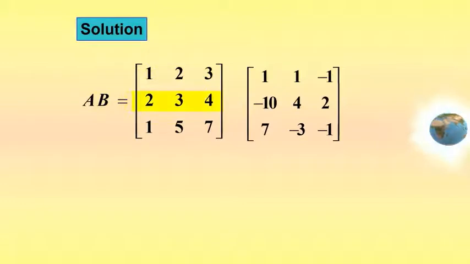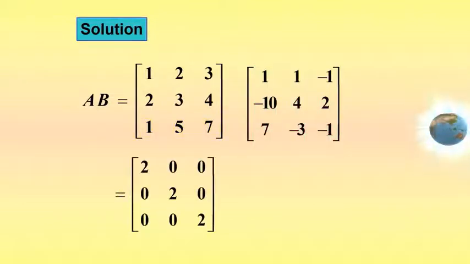Next for the second row, times first column, second column, third column in order to get the entries of the second row. And then for the third row, by multiplying the third row with the first column, second column, and third column in order to get the third row entries of matrix A times B. Okay, so this is the result.